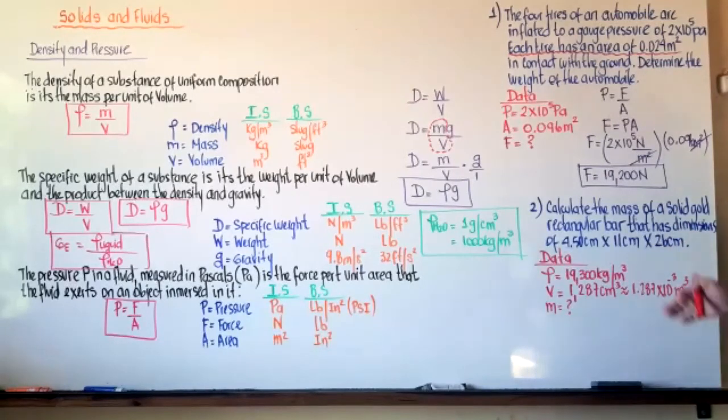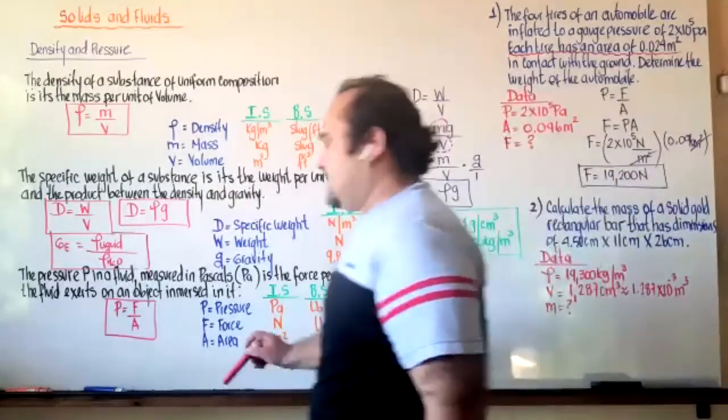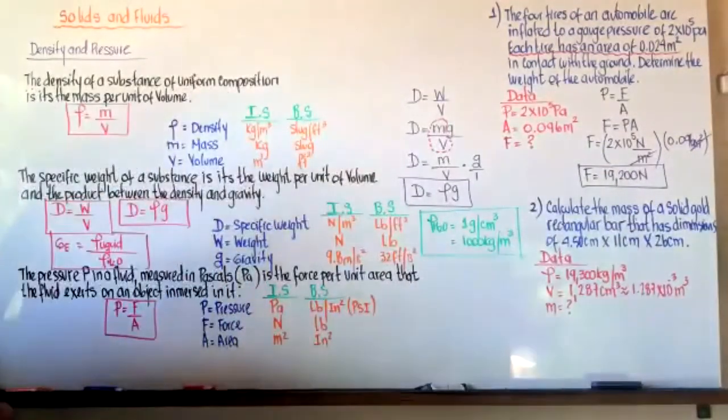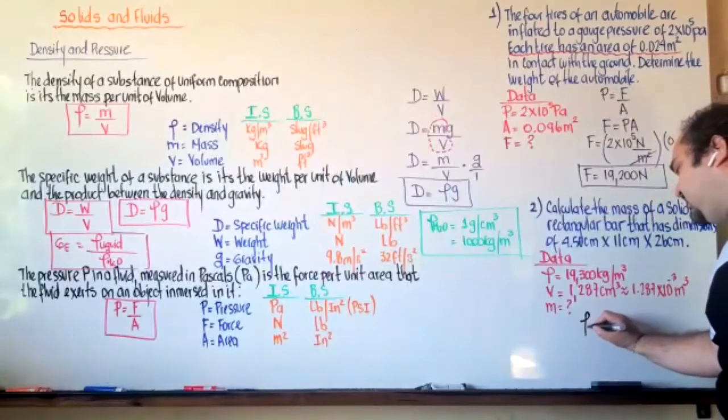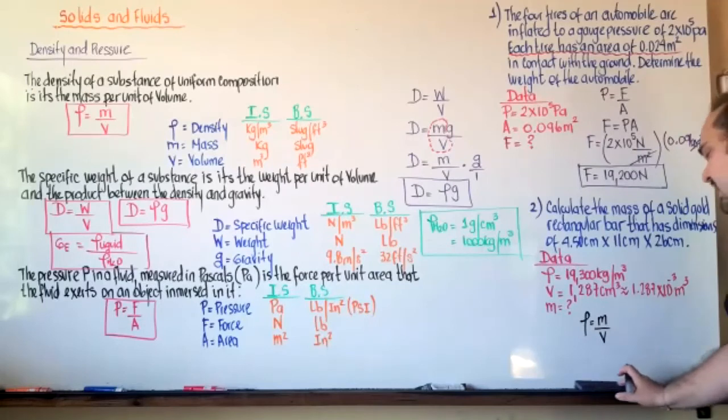Okay, so we are fully prepared. We'll calculate now. The only thing that we have to do is calculate the mass. Remember, density is the relationship between mass divided by the volume.